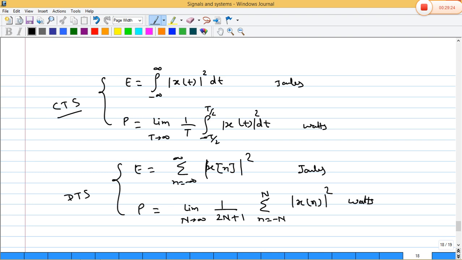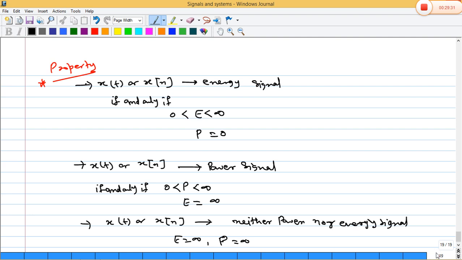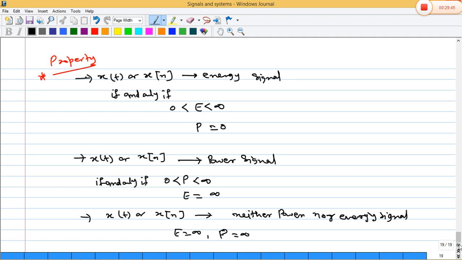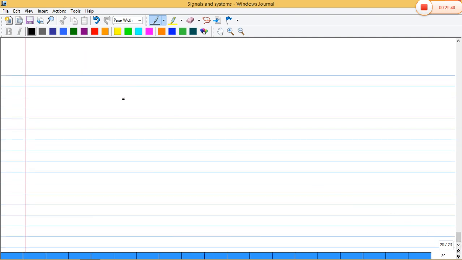So from here I will try to solve some examples based on this condition or property. Just take one example here.